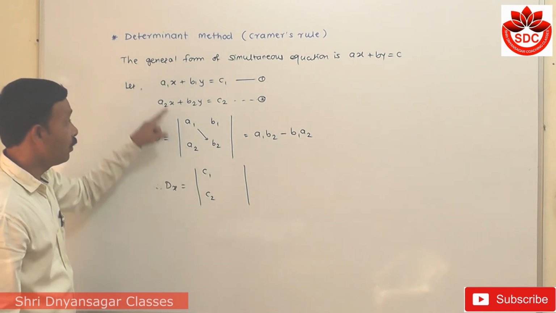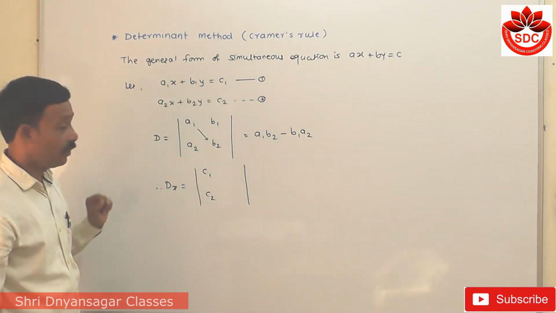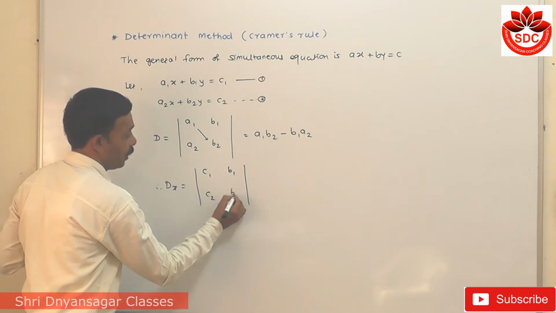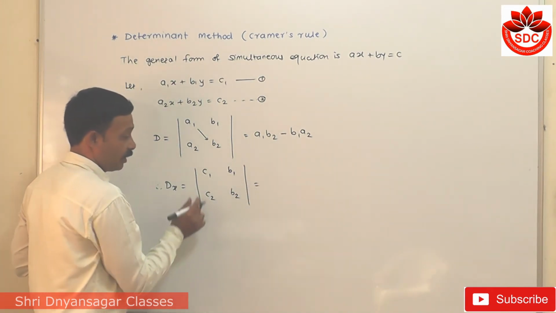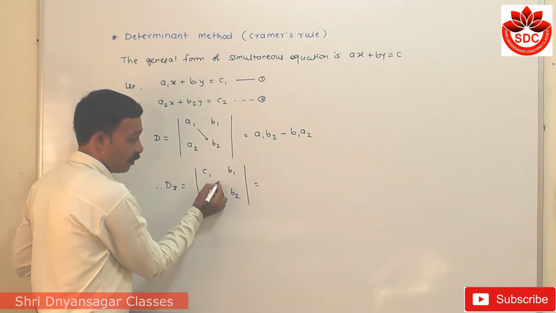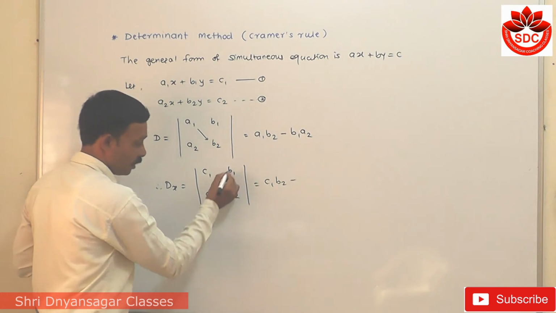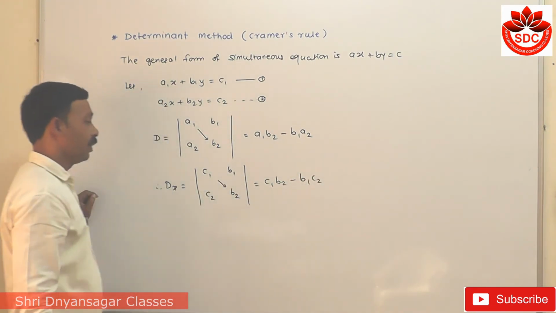In the first column, instead of a1 and a2, we write c1 and c2, and the second column remains b1 and b2. The value is the cross product c1 into b2 minus the cross product b1 into c2.